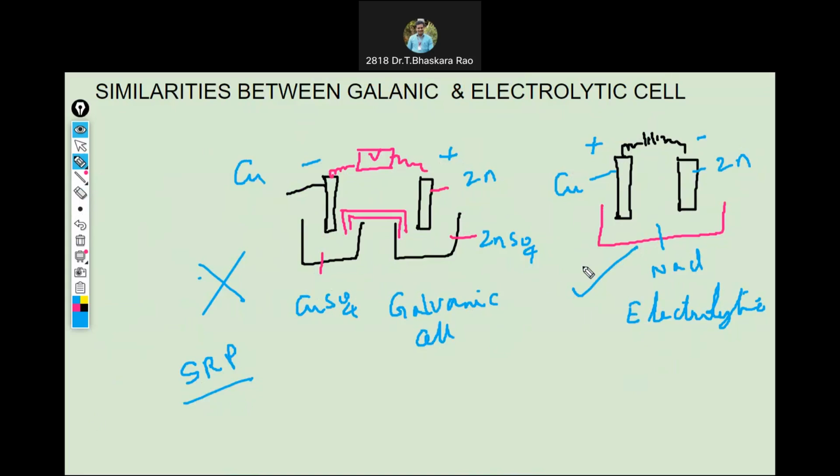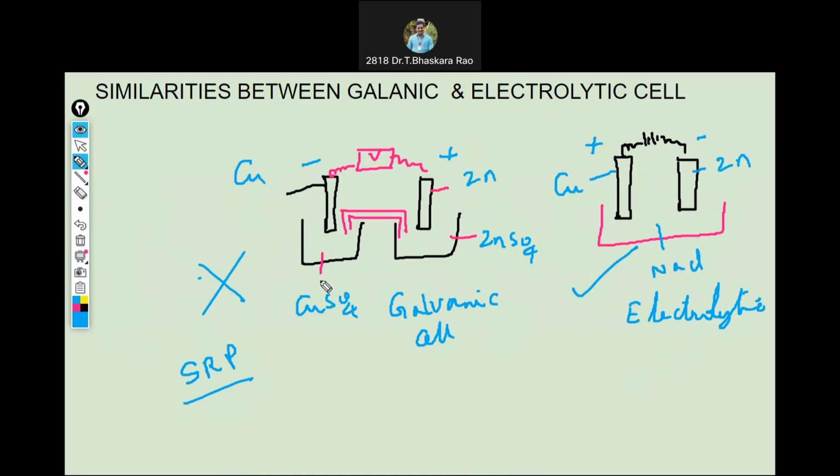Whereas in the electrolytic cell, we do not depend upon their SRP values to select anode and cathode. Here, any electrode can be selected as the anode or as the cathode in the electrolytic cell. Whereas in the galvanic cell, it is not possible to select any electrode as the anode or cathode.